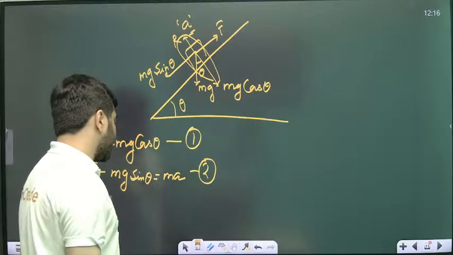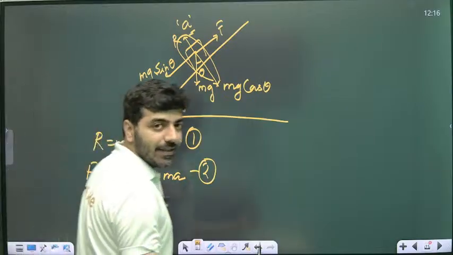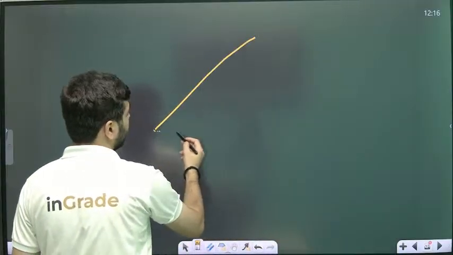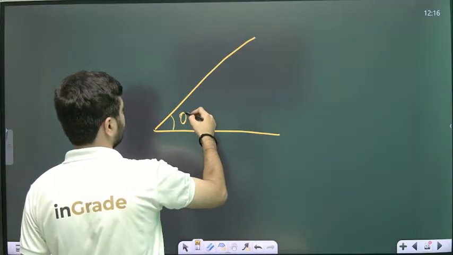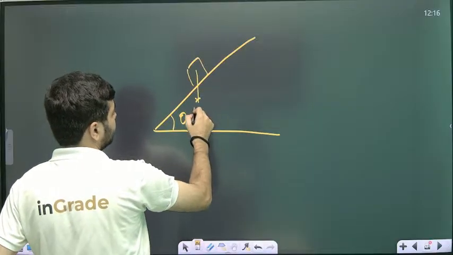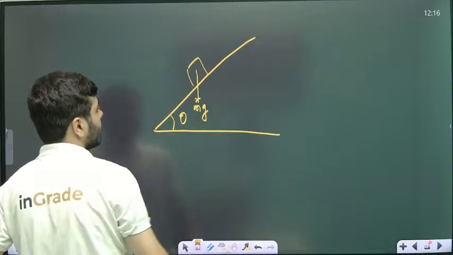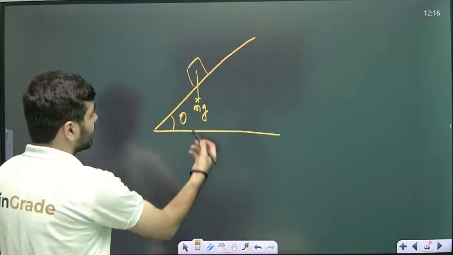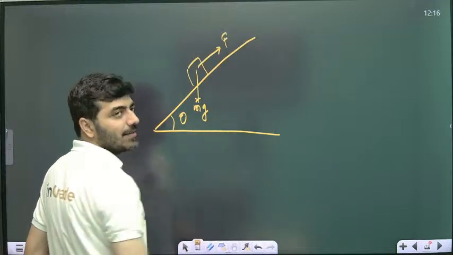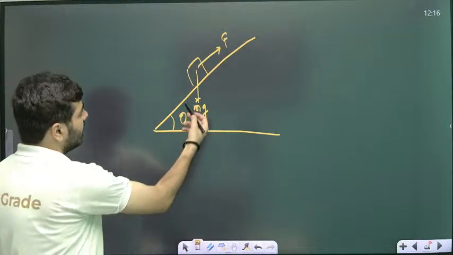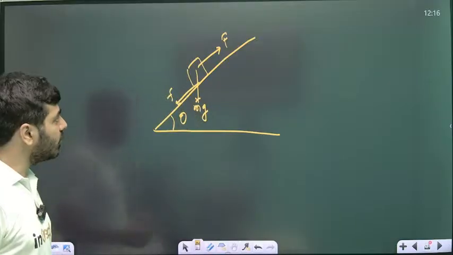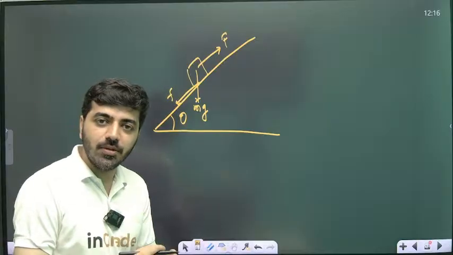Now let's take another problem. If we take the friction into account, let's say this is a plane at an angle of theta. Mass of the body is simply m. Because of that surface, there will be friction. If the external force we applied is in this direction, the friction force will be in this direction, because friction always opposes the motion.